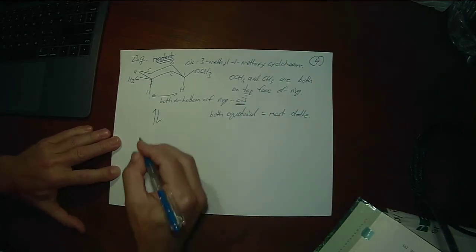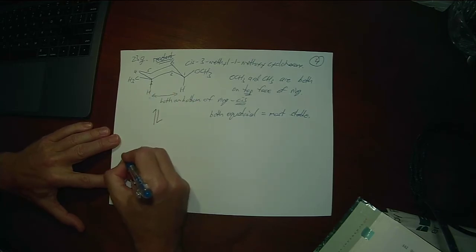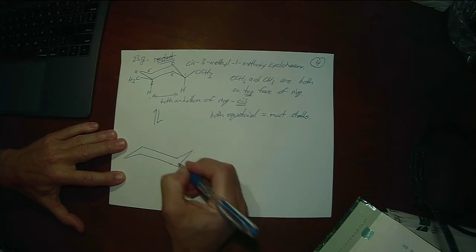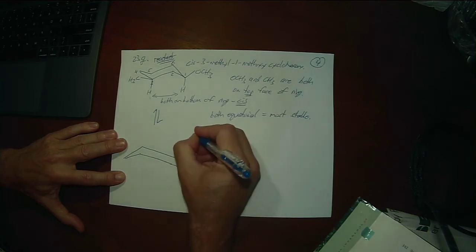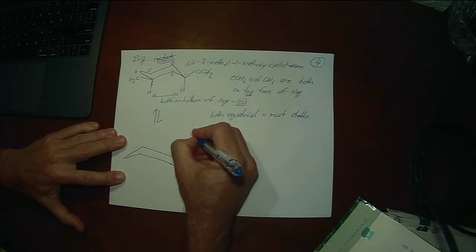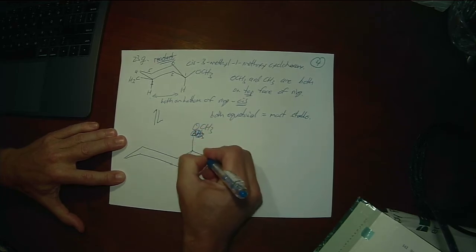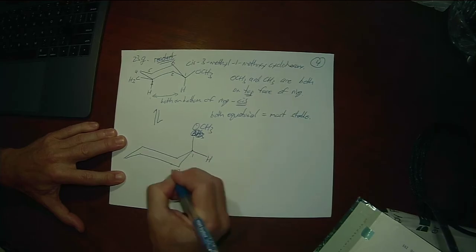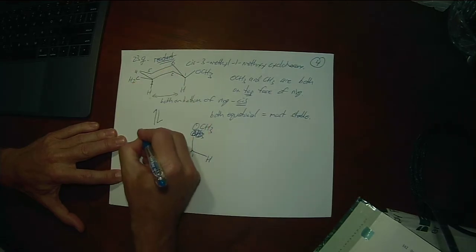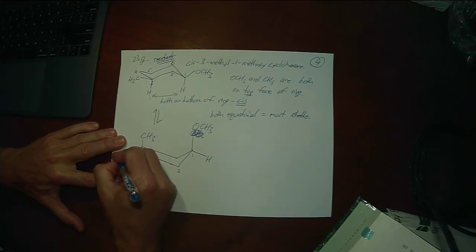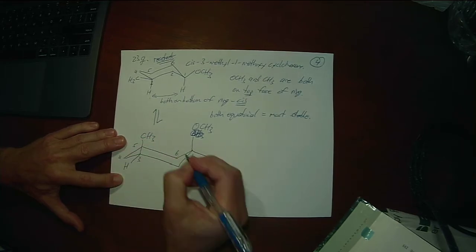And when I flip the chair, right now I want to make that chair point the other direction. The methoxy group is now going to be pointing straight up. Oops, that's an OCH3, not a CH3. And the methyl group will also be pointing straight up. Right.